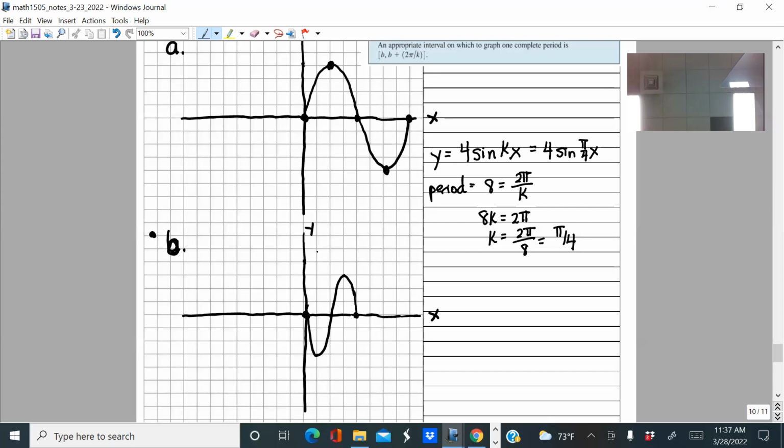But one other little catch. But also notice there's a rotation. Sine begins normally. This one is rotated. How do you count?